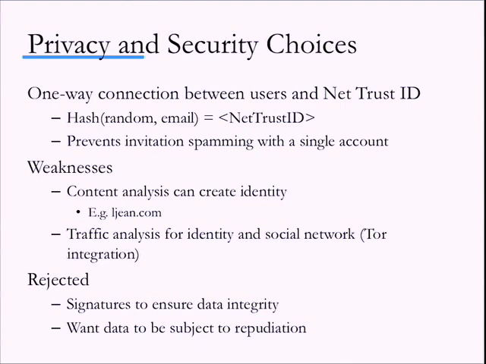That I can't come out with one email and send to all of you an email with a virus that says, I love you, please forward this, right? Or I love you, and then you open it and you accidentally forward it to everybody in your box. What it does is it says if I want to claim to be Gene Camp, right, I've got to hash that with an email.